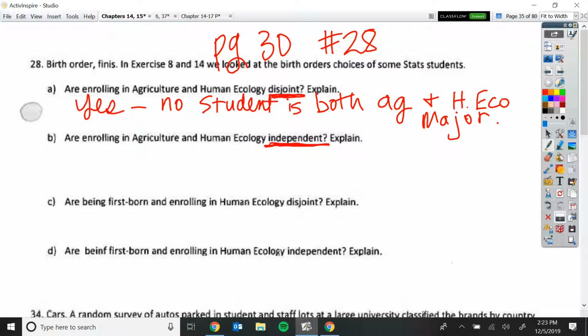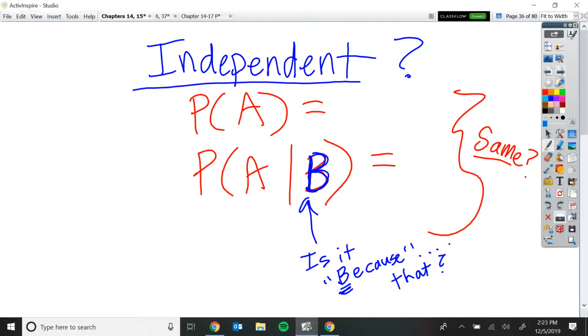And because of that, I want to tell you that this word, independent, should be a trigger for you to always think of this. Because that's how we're going to statistically determine if the two events, like we can numerically, mathematically, statistical evidence wise, determine if they're independent. Okay? So then I was asked earlier today, how do I know which variable to make the B? And so I think I kind of came up with this to help. Your B is going to be the one that's the because.